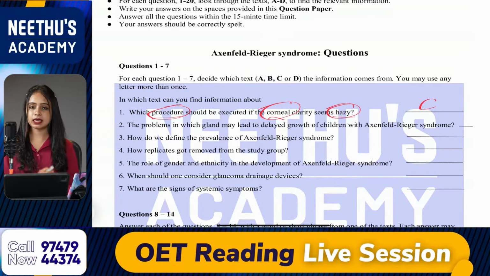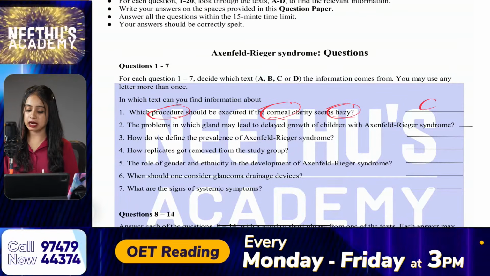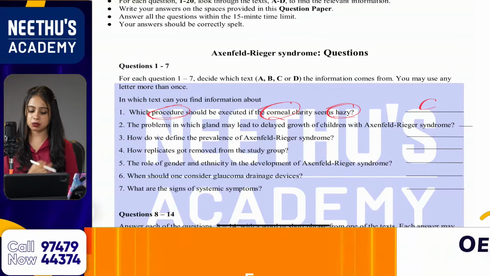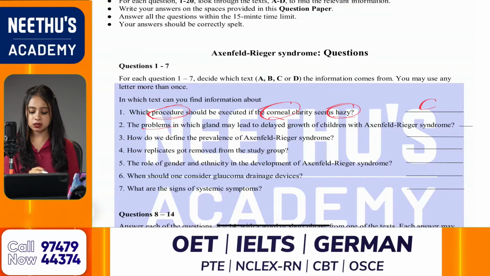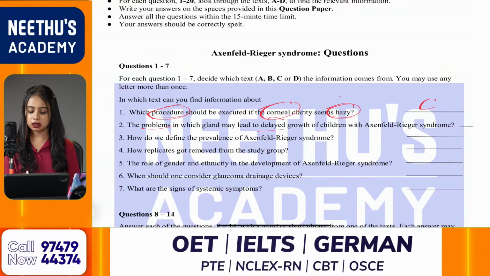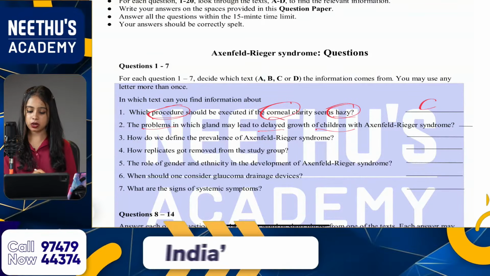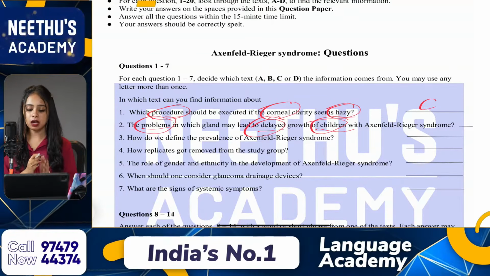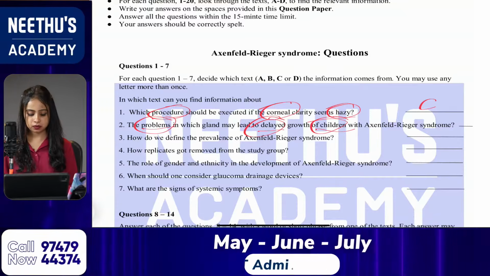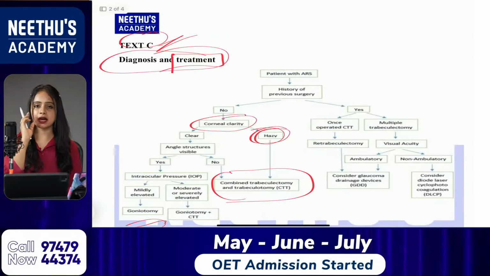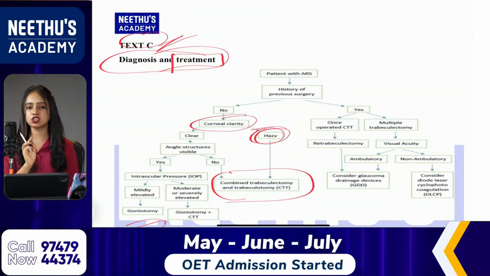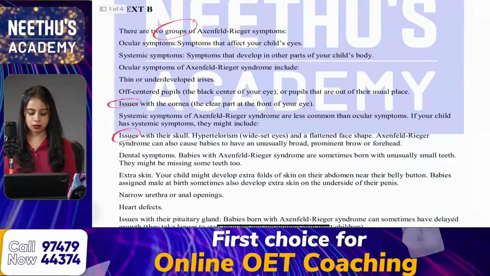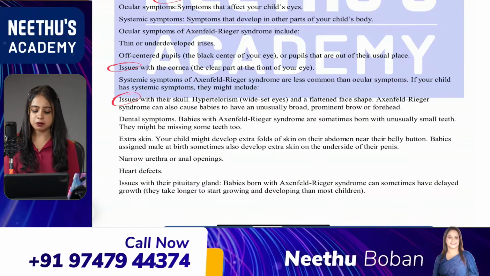Clear? Then the second one: the problems in which gland may lead to delayed growth of children with Axenfeld-Rieger syndrome. My keywords: problems, delayed, children. With these three keywords, I'm going to find out my answer. I have already noticed that problems and issues are mentioned in text B, right? So see what are the problems mentioned here.